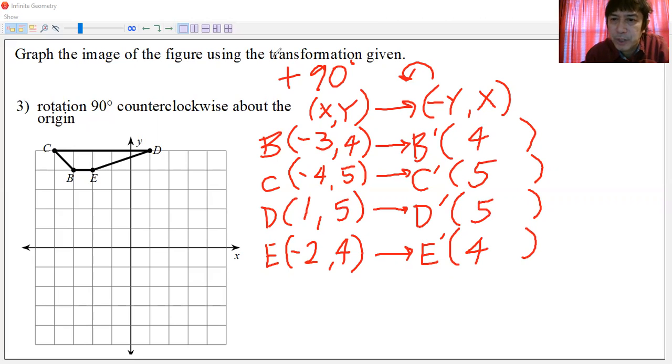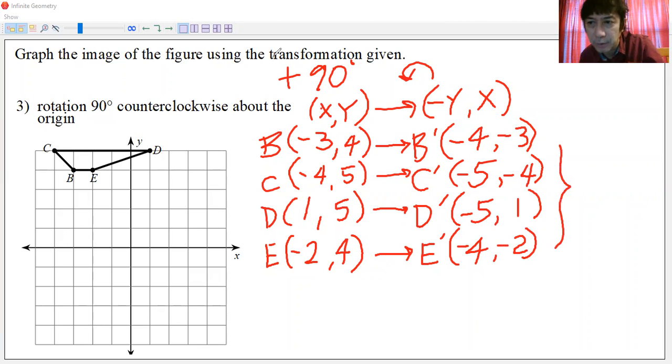Now the signs of these will change, so this will become all negatives. Now the X will occupy the Y position, but there will be no change. So after the commas, we will place the original X values: -3, -4, +1, and -2. And we're done. These are the coordinates of the +90 degrees rotation.